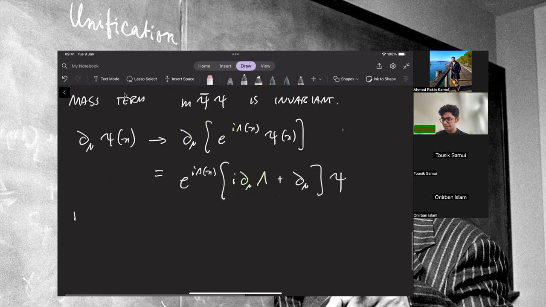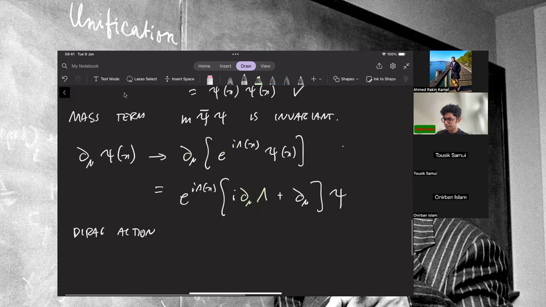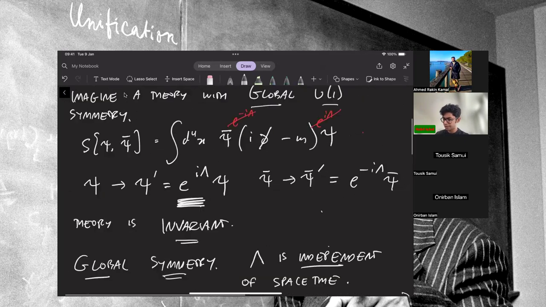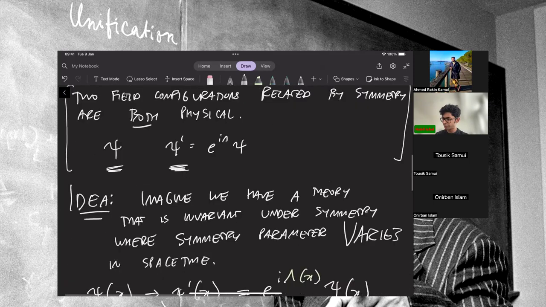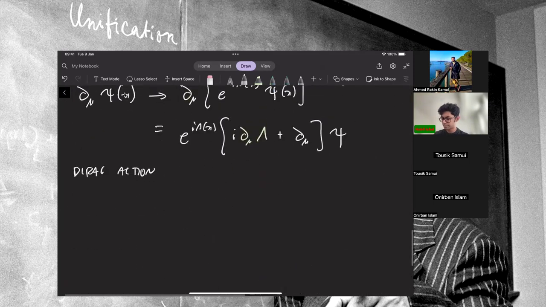And what that means is the Dirac action that I started with, this action over here, is not invariant under a gauge symmetry.